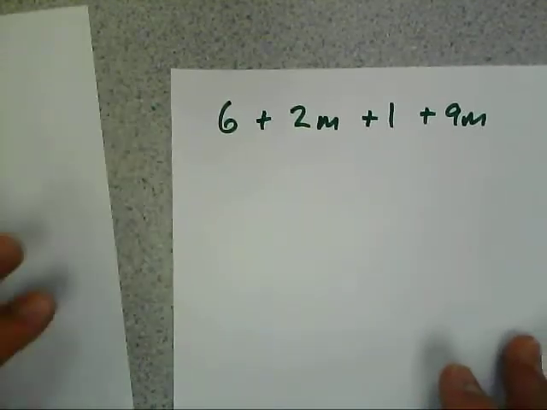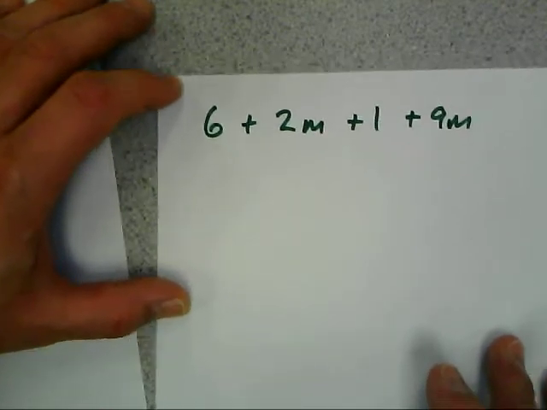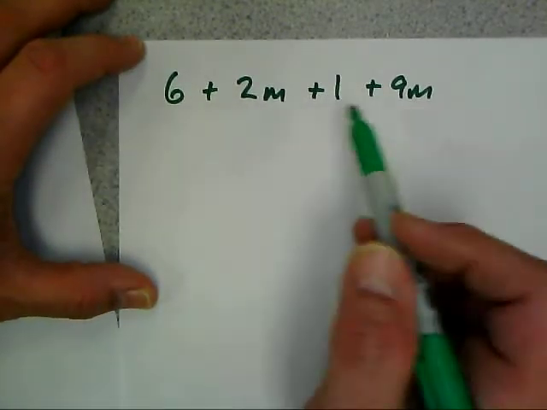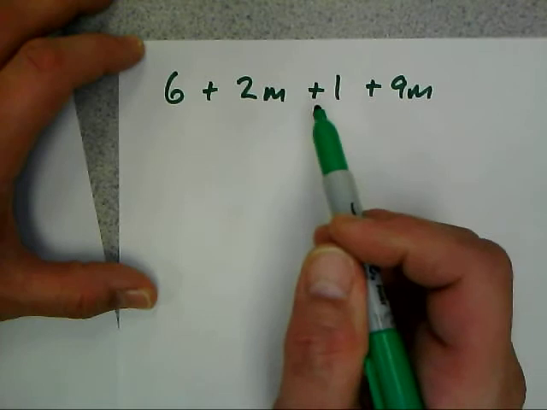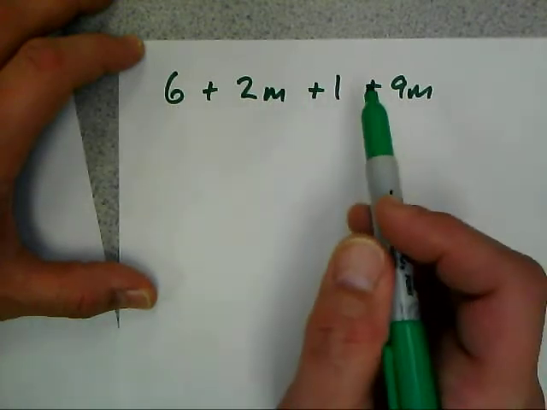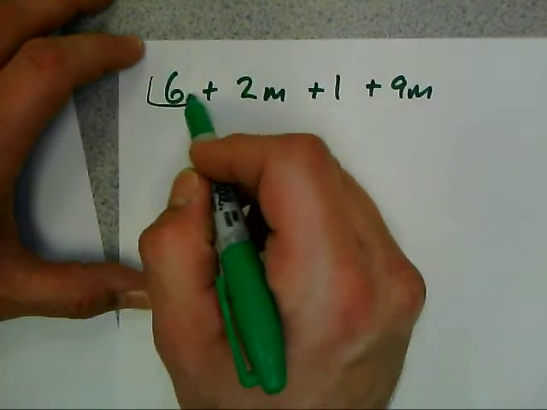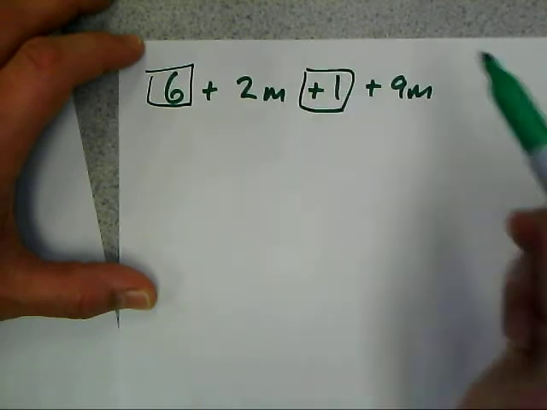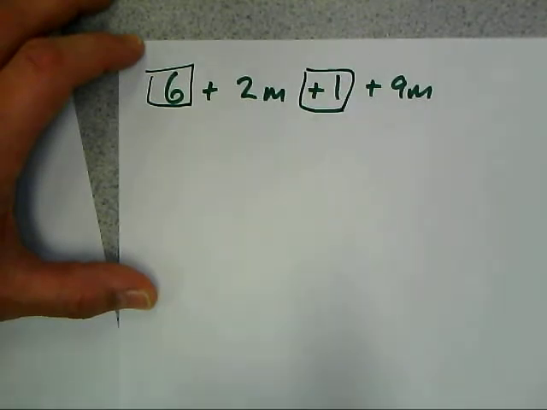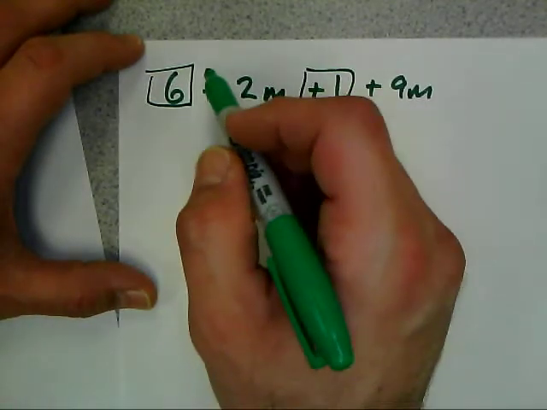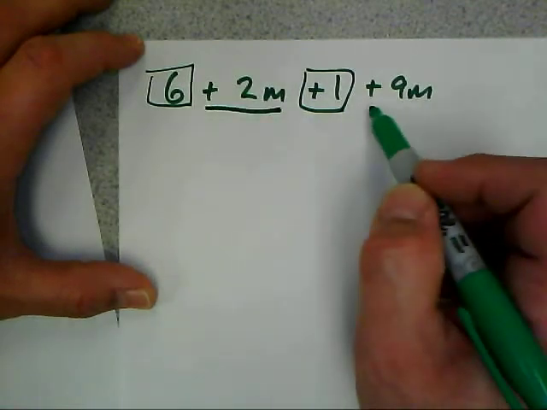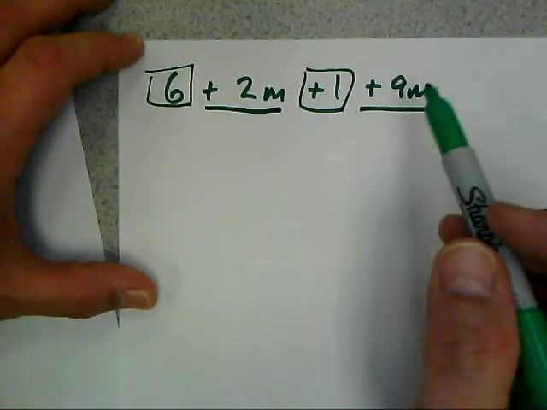Well, actually, number 6 here is combining like terms. It's the only thing we can do here. We can't distribute. There's no parentheses, so we do have combining like terms. We know that the 6 is the same as the 1 because they don't have a variable. 2m and 9m are the same because they have a variable, that m.